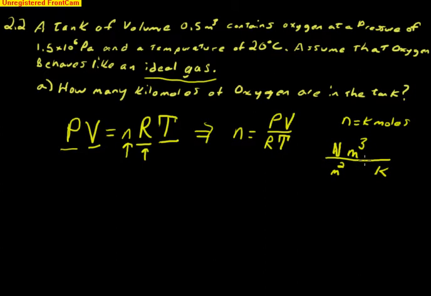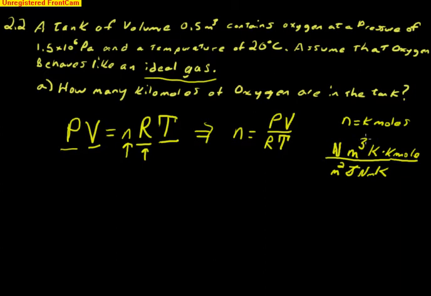So how are we going to get n into kilomoles? Well, it has something to do with this ideal gas constant, doesn't it? The ideal gas constant is a joule per Kelvin per kilomole. So what is a joule again? It's nothing more than a Newton times a meter.